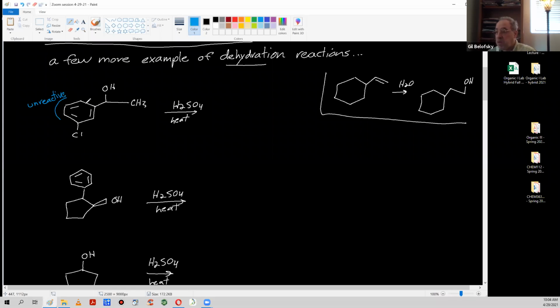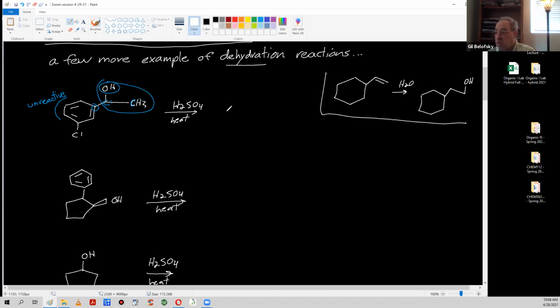So really it's just a spectator, and all the action is going to take place here. The reaction is the removal of OH and a hydrogen from the adjacent carbon. Here's the adjacent carbon. Remember, there's a carbon there. So we remove OH and H from the 2 carbons. There is no hydrogen here to be removed, so it can't go in that direction.